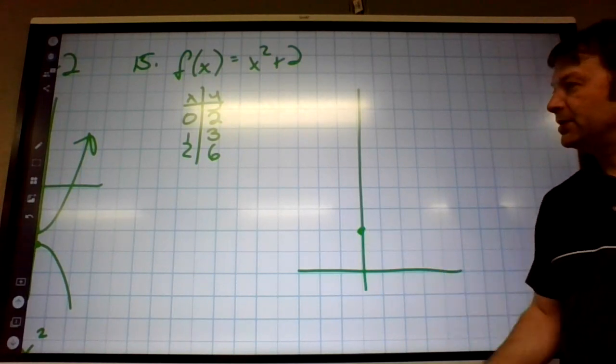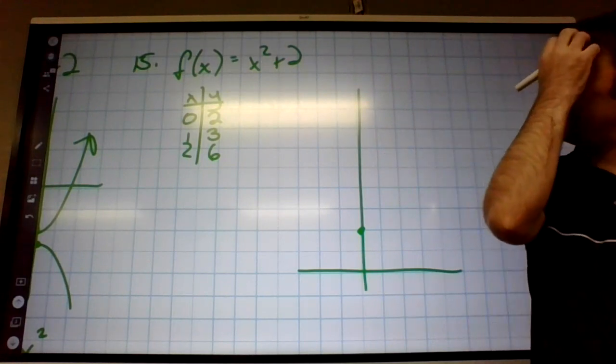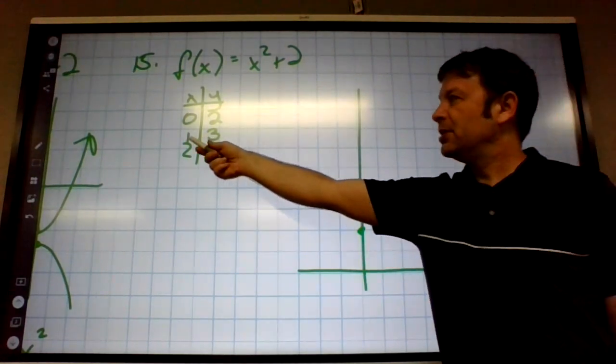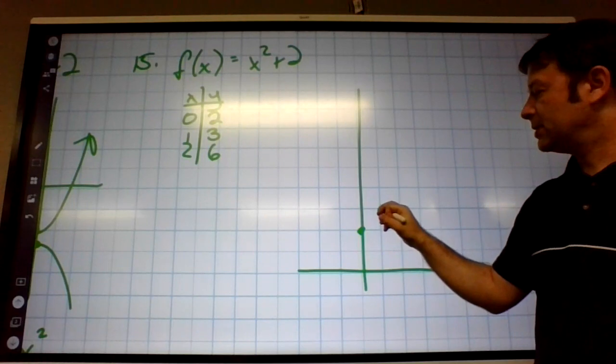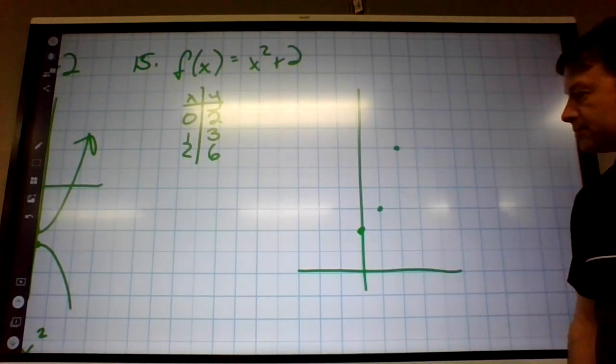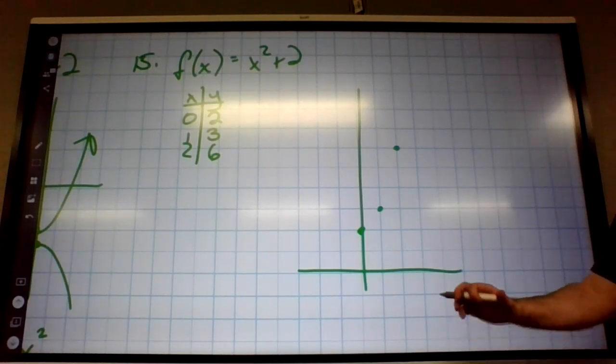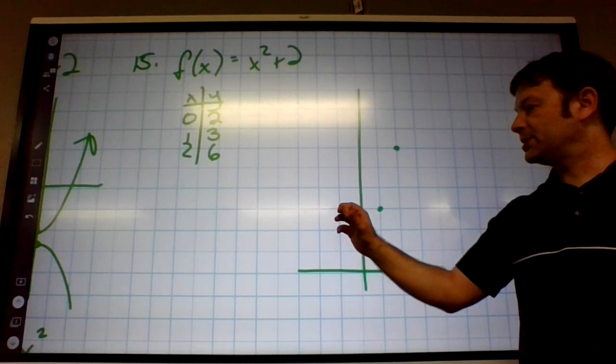That is the vertex because the graph is up 2. 1, 3, 2, 6. So that is the right side of the parabola. And the left side just mirrors it.